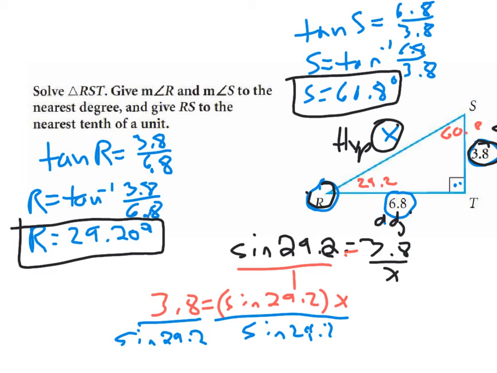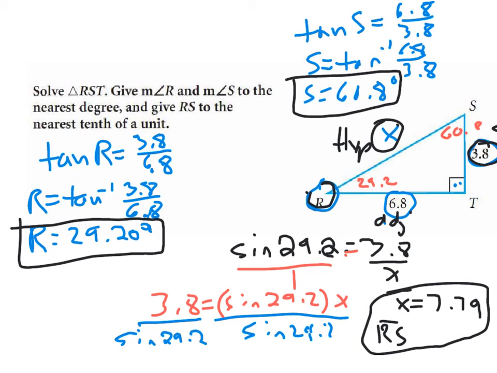When you do that, you get 3.8 divided by sine of 29.2 is 7.79. And that is what side RS is. So we've solved the triangle. We have every measurement about it.